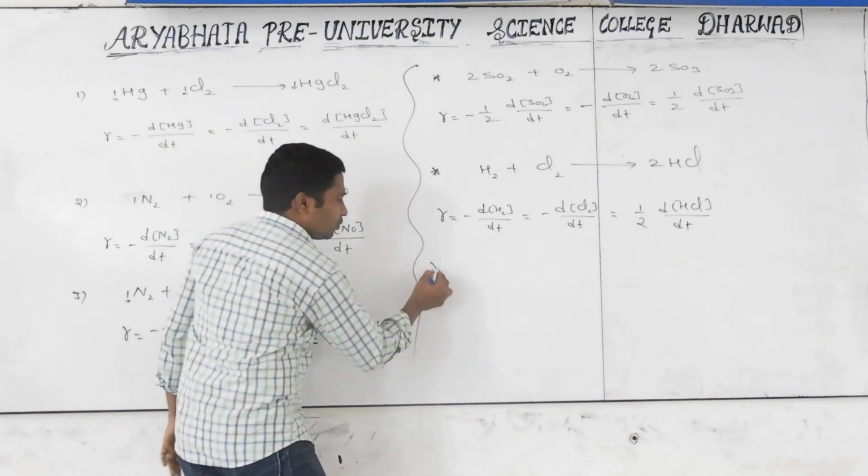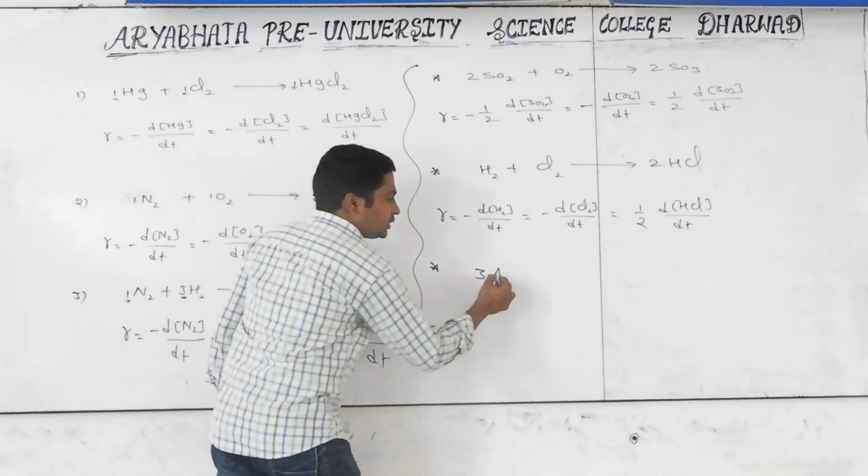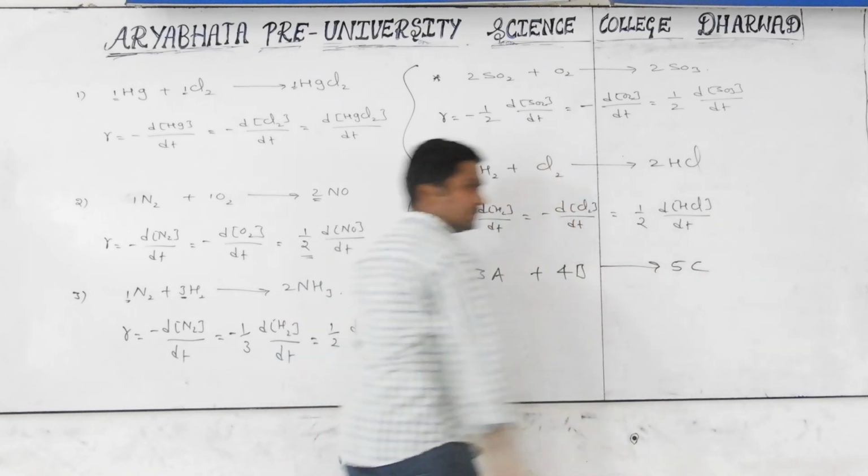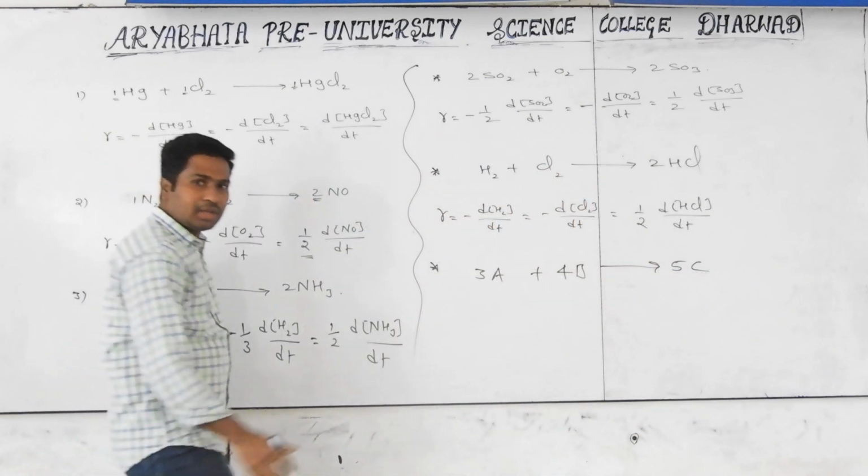I am giving one more example for you. For example, 3A plus 4B gives rise to 5C. How will you write the rate of reaction?